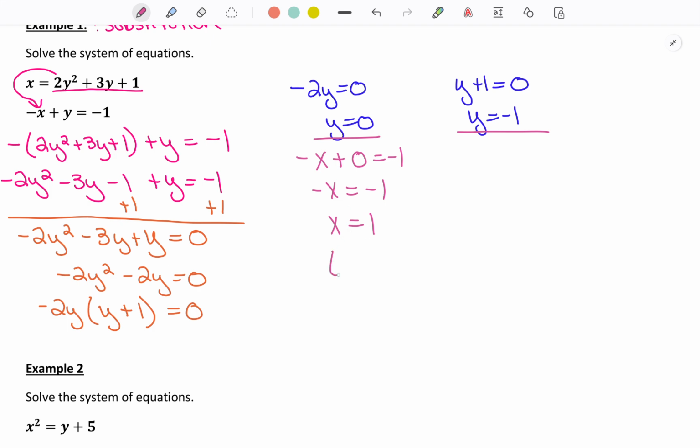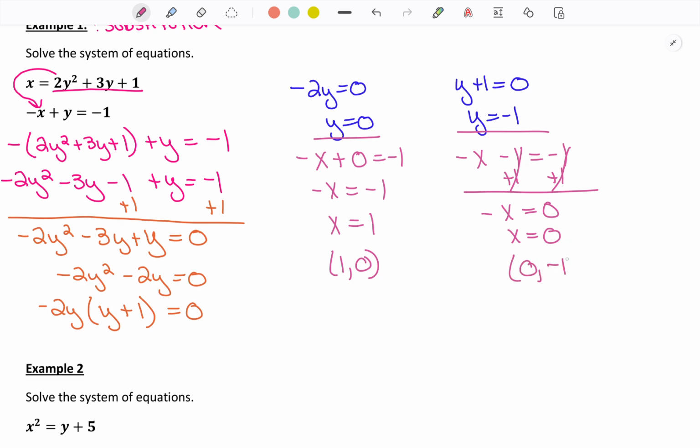So our full coordinate here for this is 1, 0. But then we have a possibility of another coordinate with our negative 1 for y. So we'll have negative x minus 1 equals negative 1. And then we'll add 1 to each side. Those will both cancel out. So negative x will equal 0. So x will equal 0. So for this equation, we have 0, negative 1.